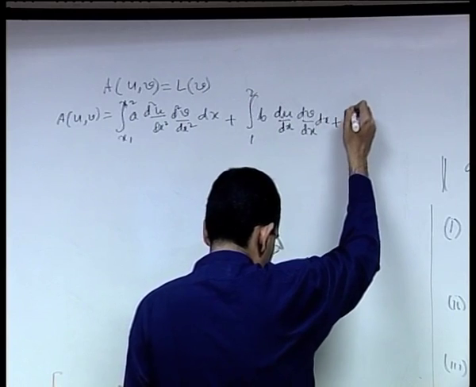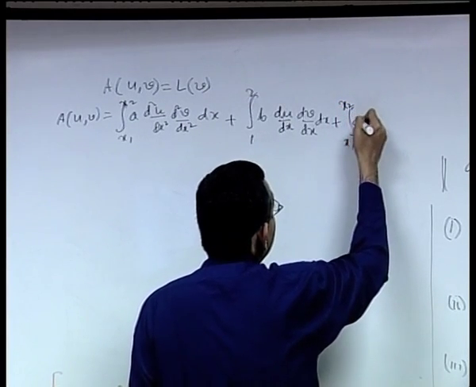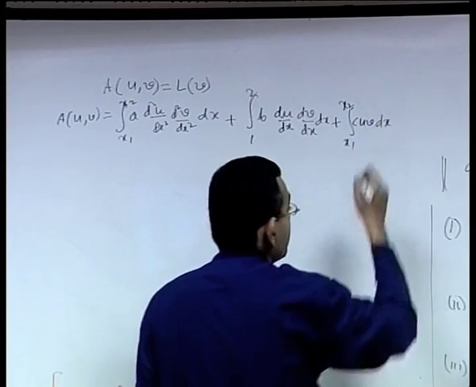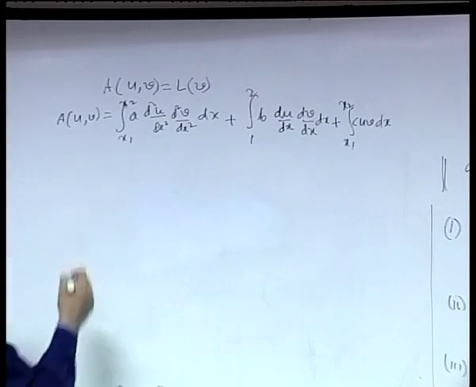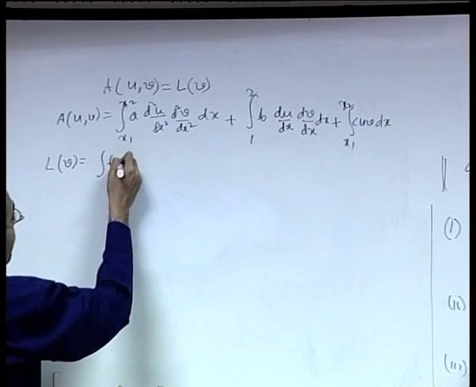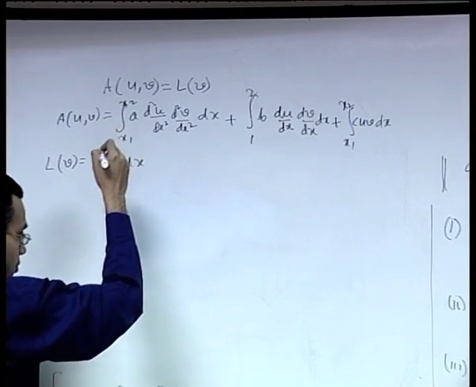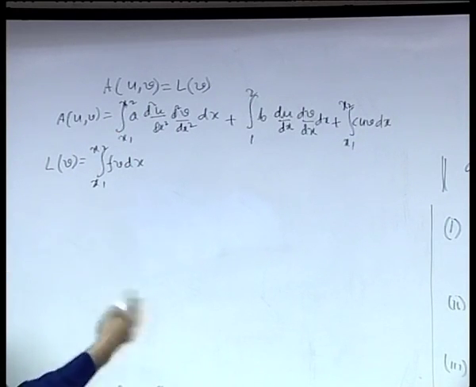plus c u v dx. And what is L(v)? Integral f v dx, and then the boundary terms taken to the other side.